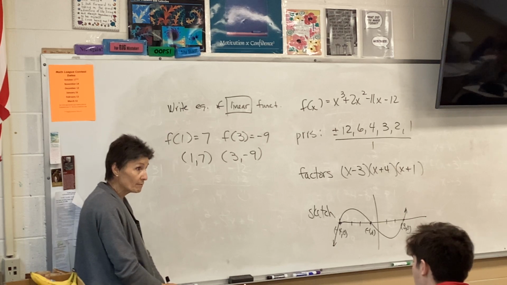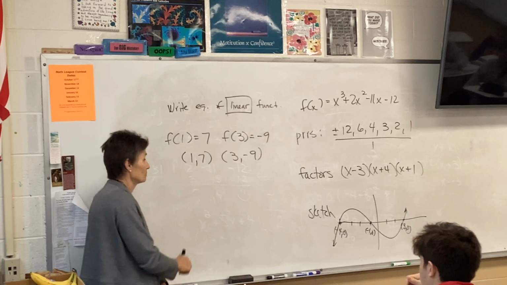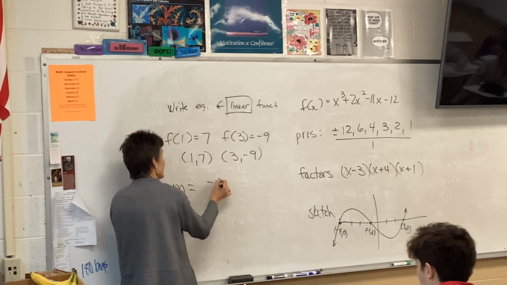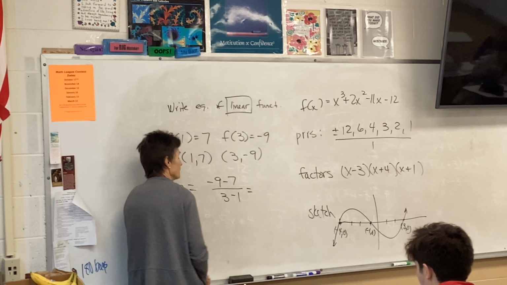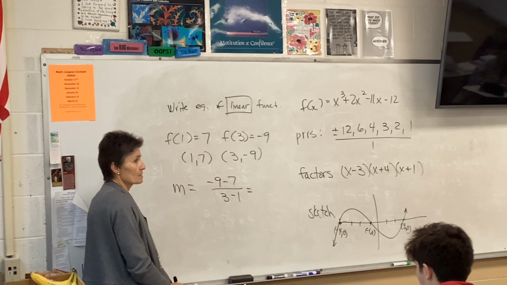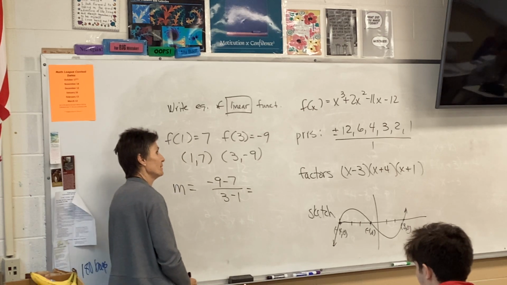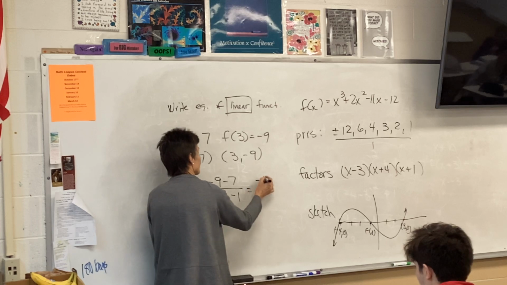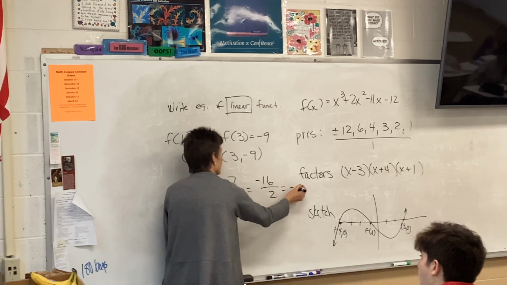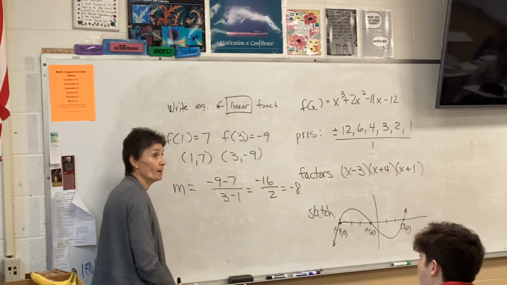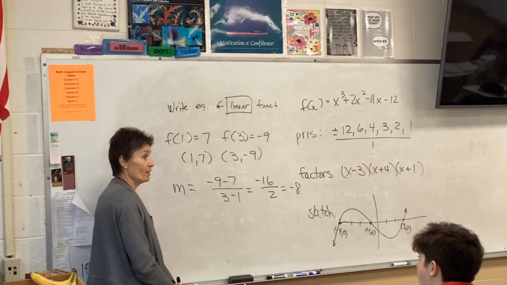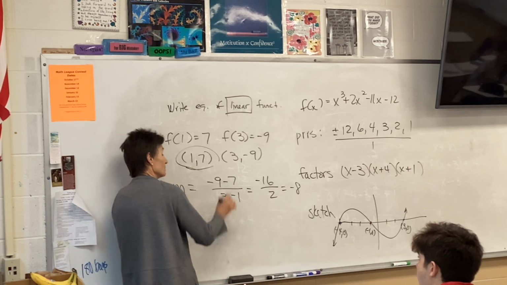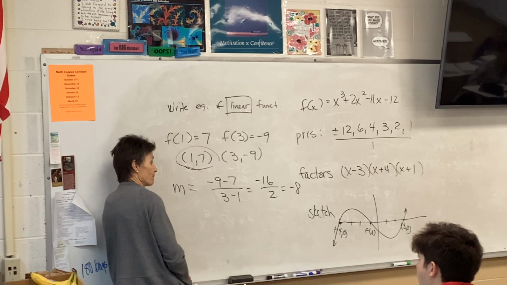So step 1, find the slope. The slope will be negative 9 minus 7 over 3 minus 1. Negative 9 minus 7 is negative 16 over 2. I got negative 8. Then I choose a point.